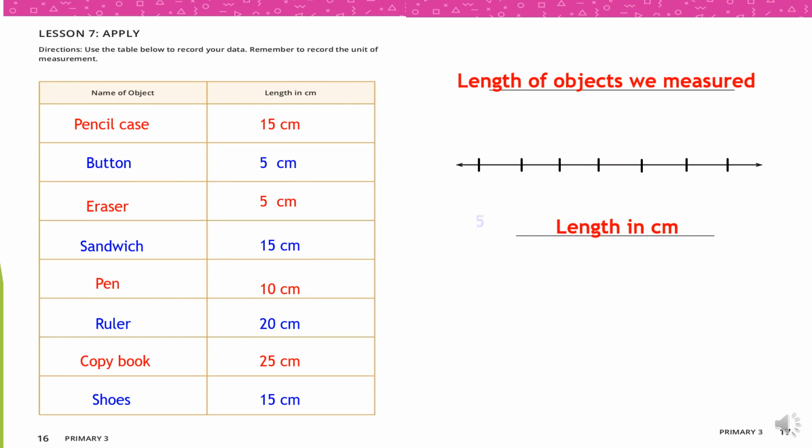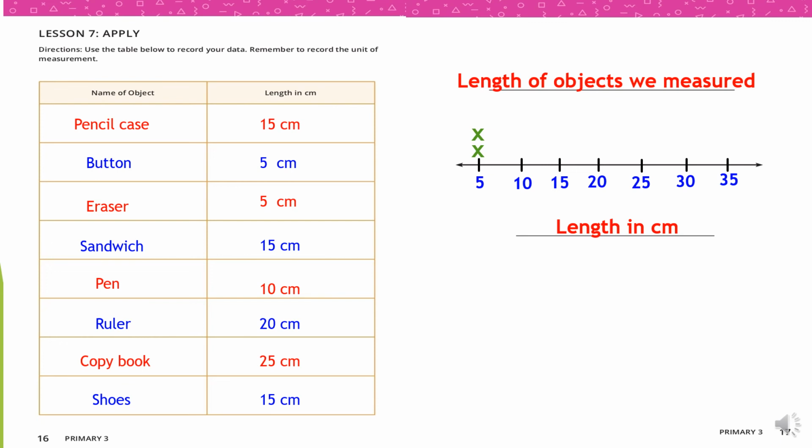We will start from 5, 10, 15, 20, 25, 30, 35, 40, 45. We don't have 40, we will stop at 35. Okay. How many items have 5 centimeter as a length? We have only 2, so we will write 2 x's on 5.